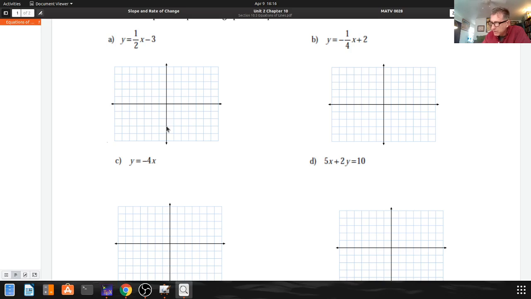And then if you want, you can go over, our slope is 1/2, go over 1, 2, and up 1, and put a point right there, and draw your line through it. Or just start out with 0, -3, and then find 2, -2, which is the exact same point we got using the adder point method, and put your point right there and draw your line through it.